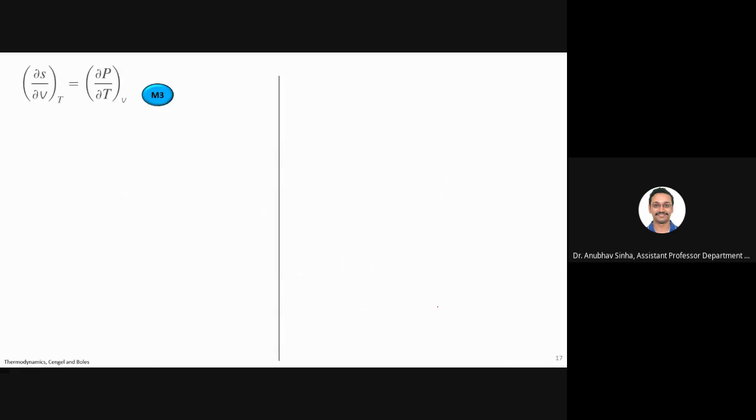Now, what we have seen is from Maxwell's third relation. From the previous few slides, we have seen that del P by del T can be written as dP by dT.